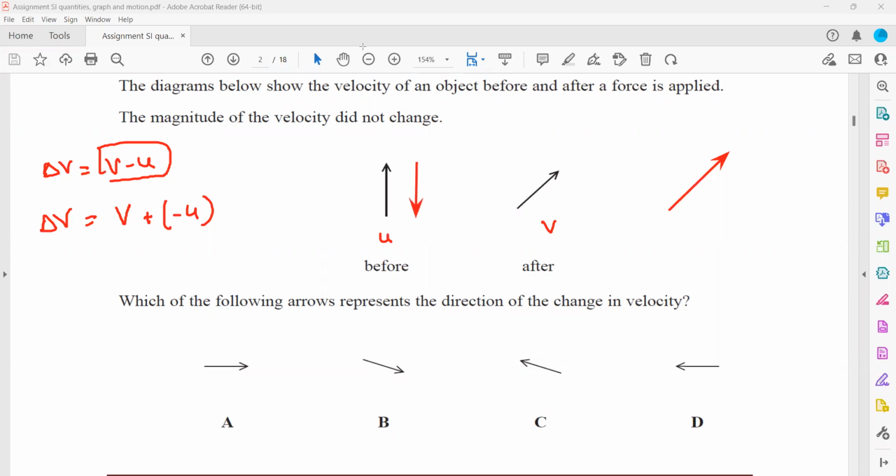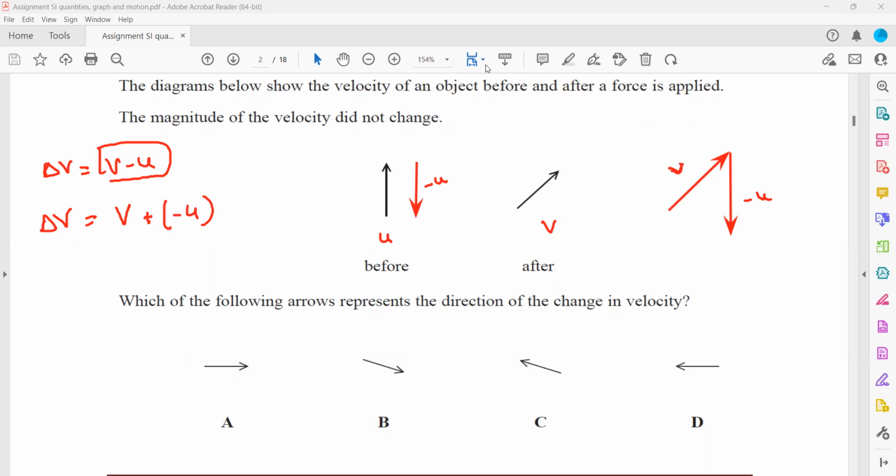The minus u will be down. So u is up, minus u will be down. Like we draw v, this was v, and it should be according to the length. You will use your scale or a ruler to measure the length. So first you draw v, then you draw minus u according to the same length.